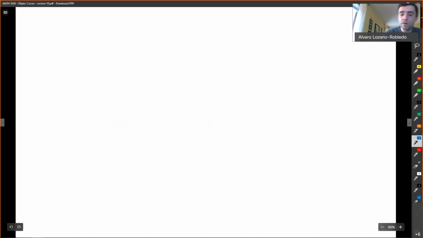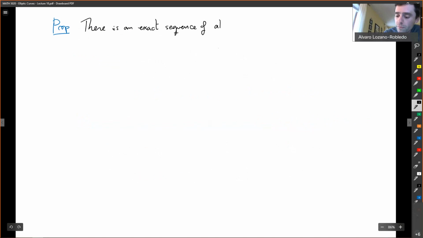So here is the result. There is an exact sequence of abelian groups that goes from E naught of K by the reduction map.